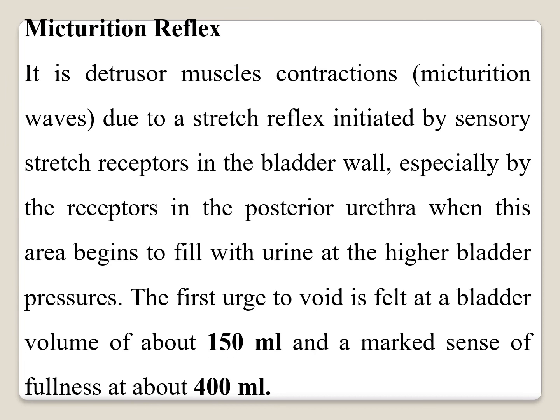The first urge to void, this is important, is felt at a bladder volume of about 150 milliliters of urine, and a marked sense of fullness, it's also important as well, occurs at about 400 milliliters of urine.